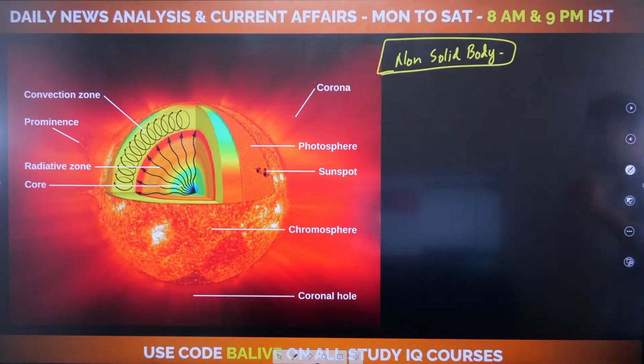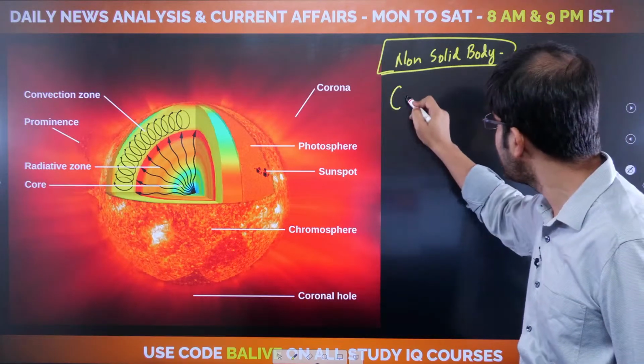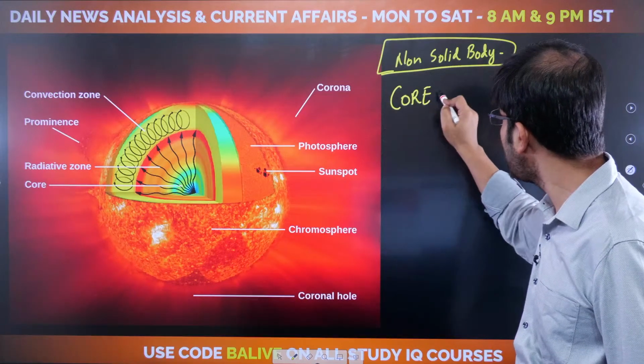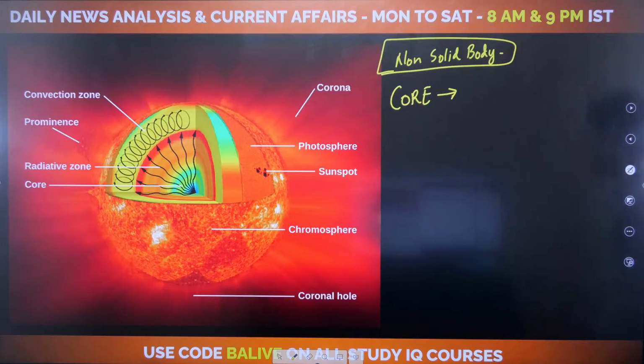So you're looking at several zones and layers of the Sun. If you go from the inside to the outside, the first one obviously is the core, much like our Earth. Now what is happening here?